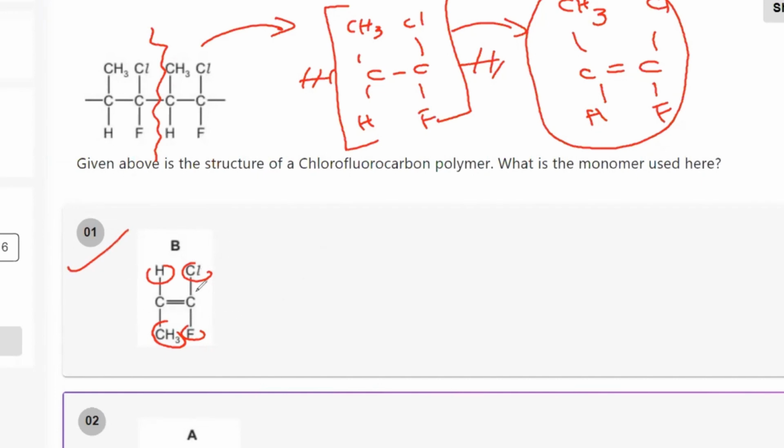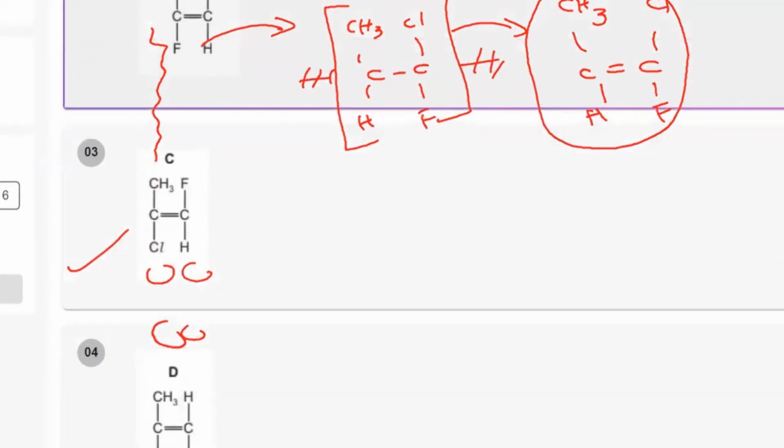You might wonder, but CH3 is not on the top, it is not on the bottom. That's okay. It's okay as long as they are bonded to the same carbon. Here, chlorine and fluorine are bonded to the same carbon. So this is consistent. But if you look at all the other 3 answers given here, they have a different pattern.